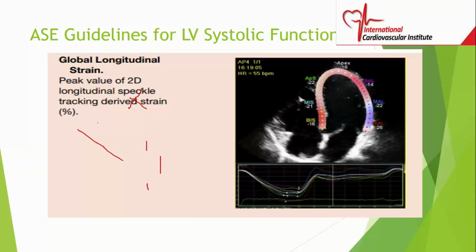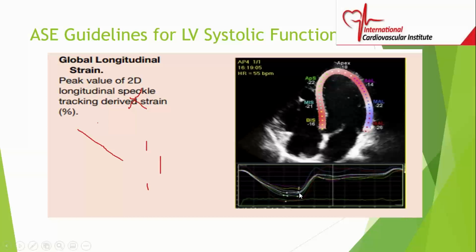We'll go over that. But again, when you look at the strain curve, there are a number of things that you can look at. You can look at the peak strain, see if it's abnormal, and you can look at peak strain to see if all the curves peak at the same time. Because when we did dyssynchrony, remember, one of the ways you can look at dyssynchrony is if the peaks of the curves occur at different points.